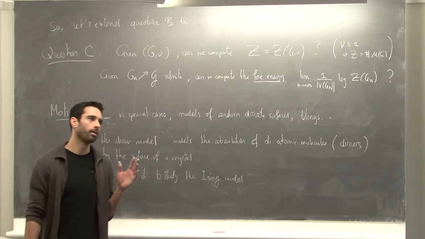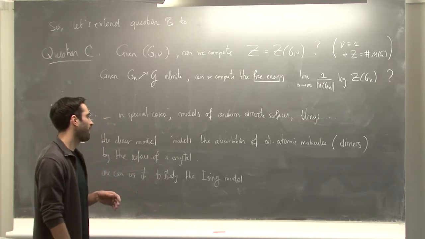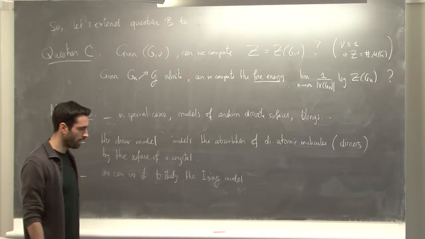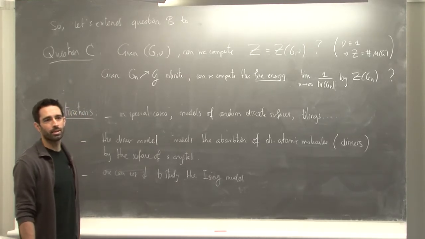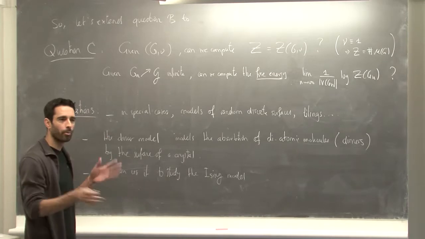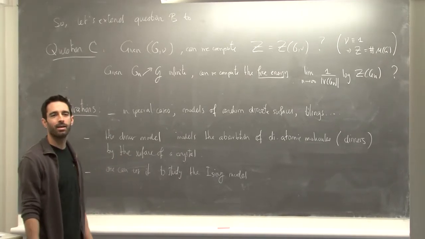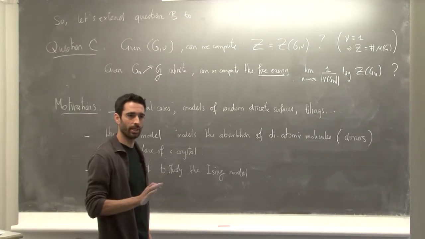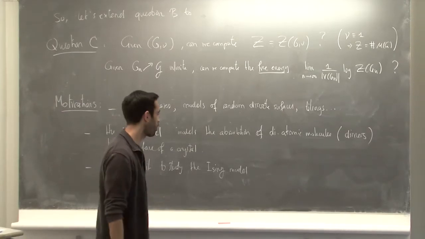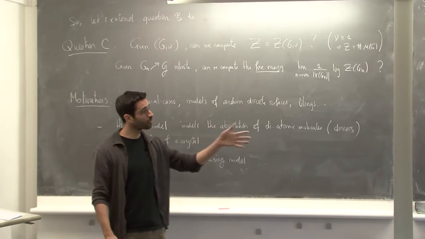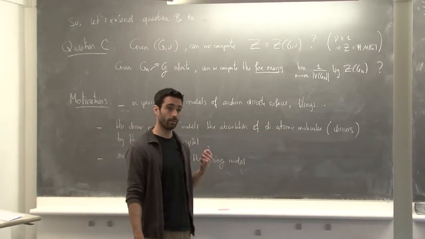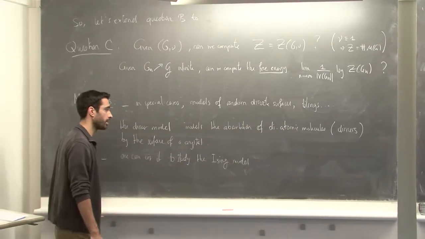I heard many times the kind of vague claim that any exactly solvable model in statistical physics can be mapped to the Dimer model in one way or the other. I will not try to give a proof of this claim, but for example, the Ising model can be mapped into the Dimer model, and it's because we're able to solve the Dimer model that we can pull this back to the Ising model.